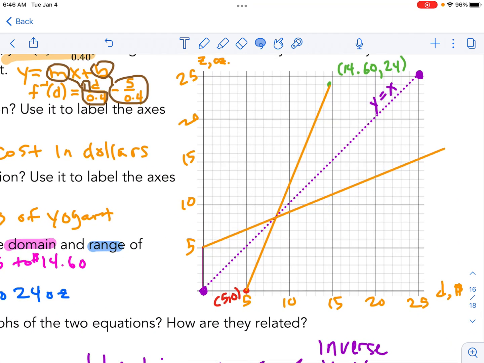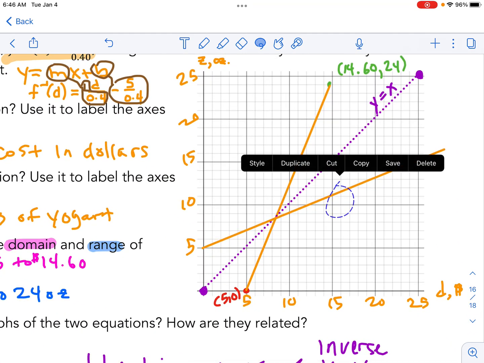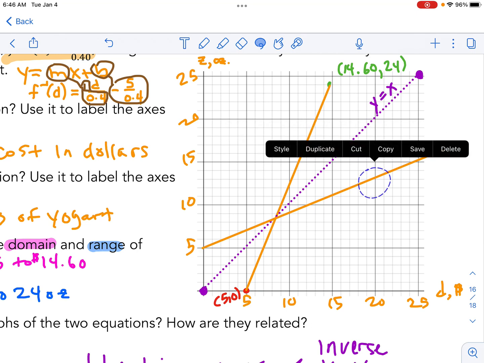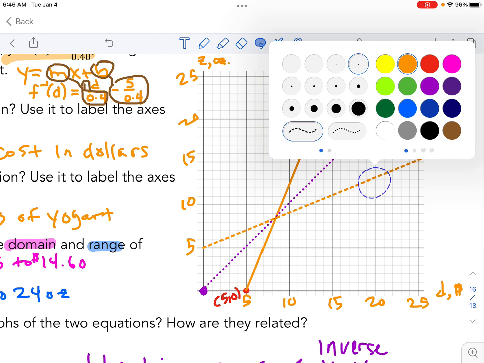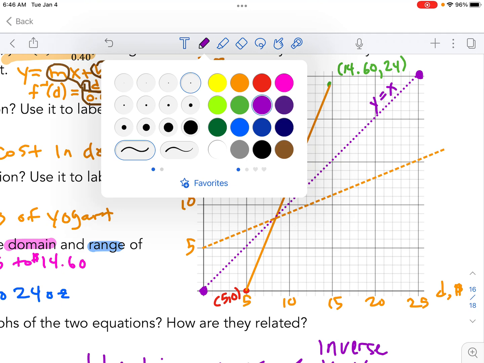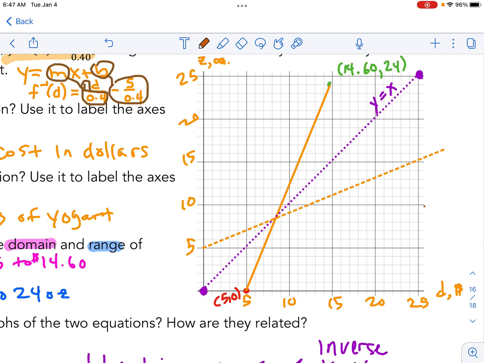Let me zoom in a little bit and get that exact. So if you notice, let me make that a dashed line, because that was from the graph above. I'm just going to put a little note here: from number one above. There we go.